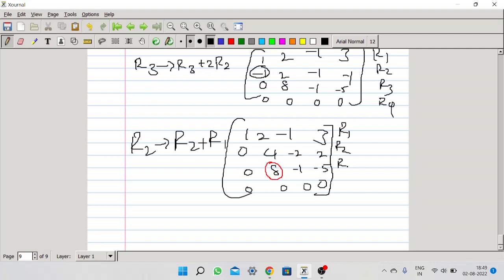R1, R2, R3, R4. So the operation here I'm doing is R3 minus 2R2. Sorry, this is R3.